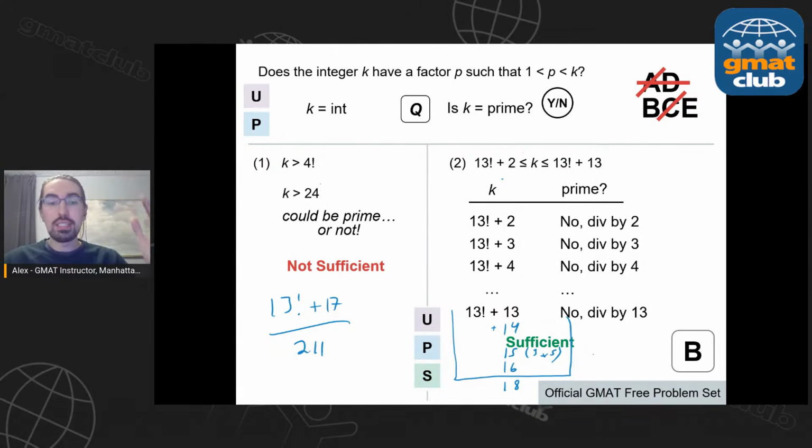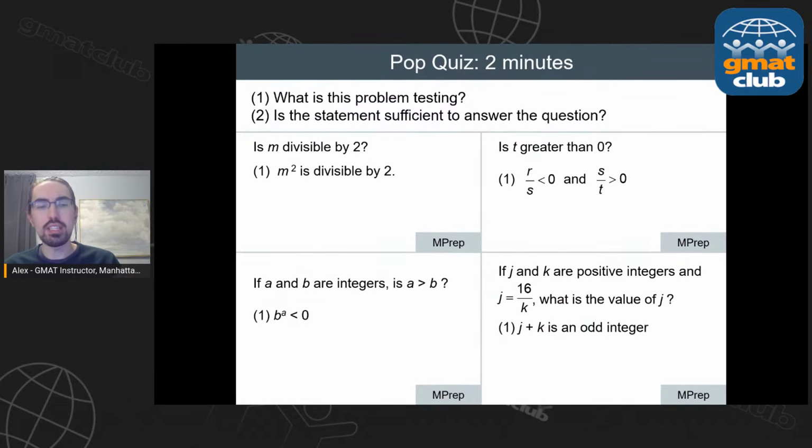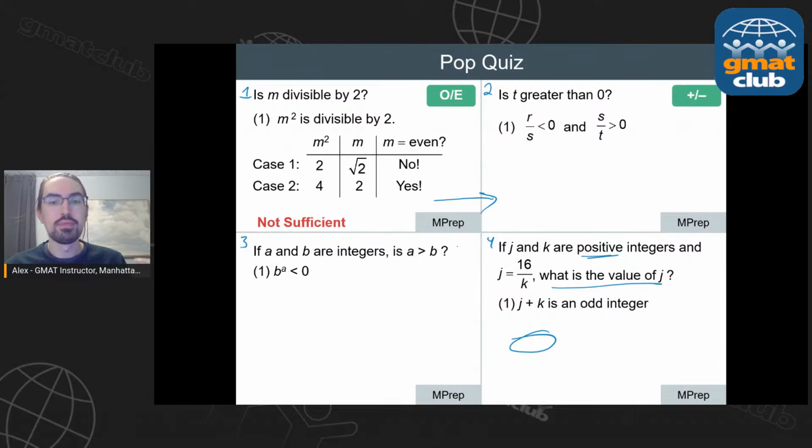So that's the big takeaway here, is knowing these number properties well enough that it's just instant into your brain, right? Looking way back at the very beginning, when we saw those four different questions, being able to look at these, know exactly what it's testing me on, and start working with those number properties rather than just testing a bunch of cases like we did.